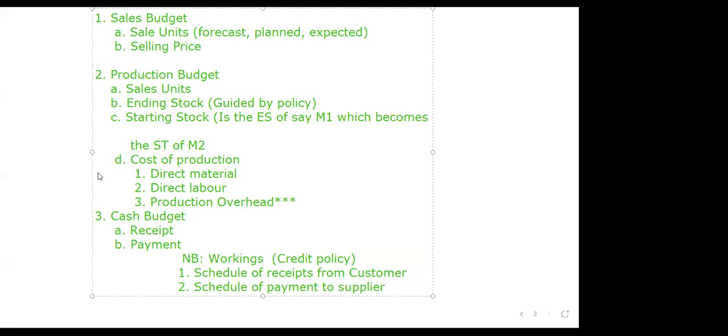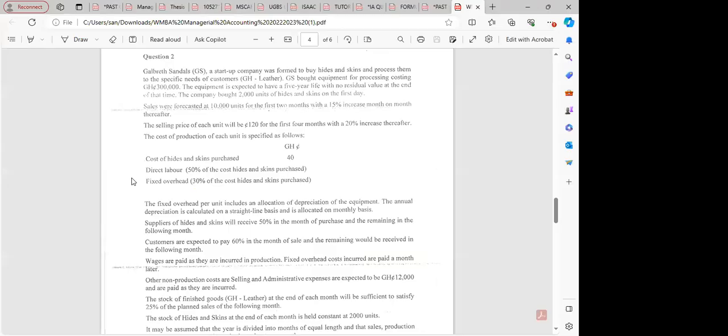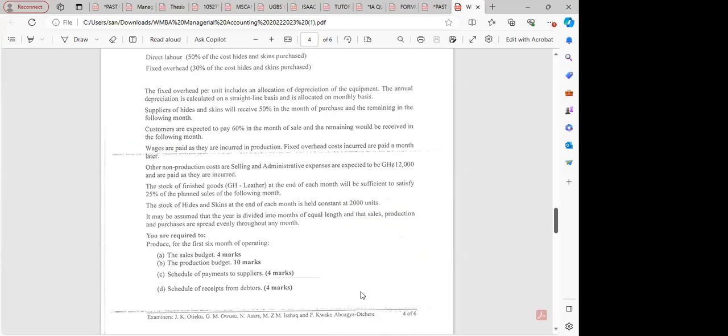Okay. Mainly when you are reading accounting questions, I advise that you read the requirement first, at least so that you know exactly what you are about to do. Okay, so this is the requirement.